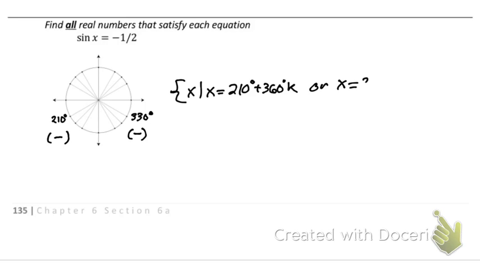No shortcuts. x equals 330 plus 360 degrees times k. That's it. That's the whole problem.